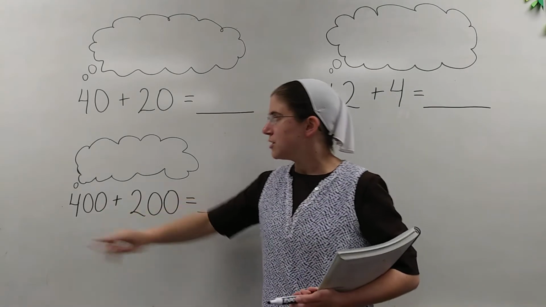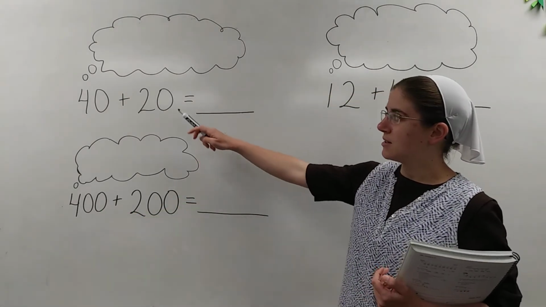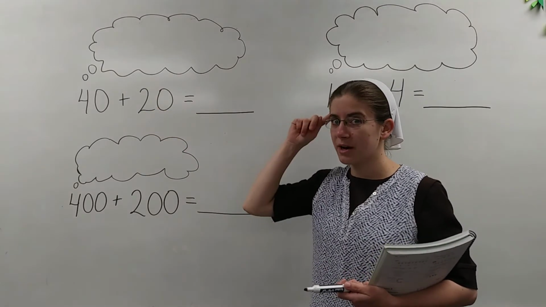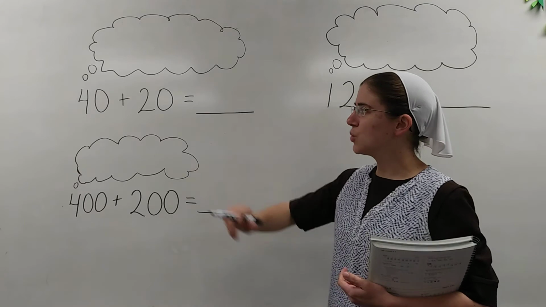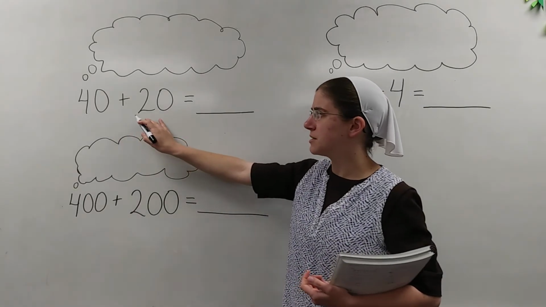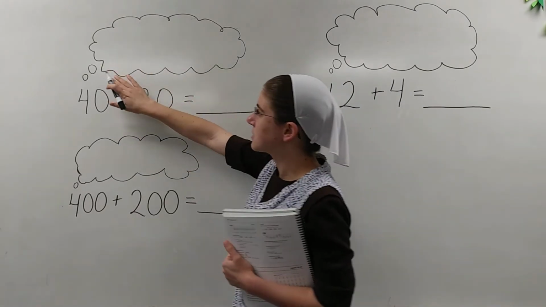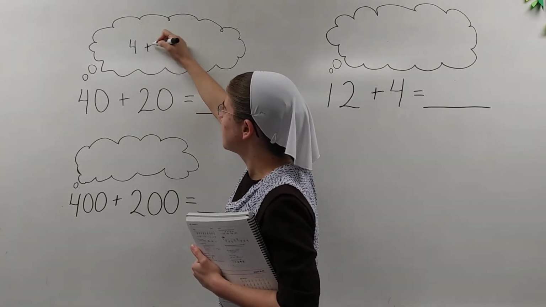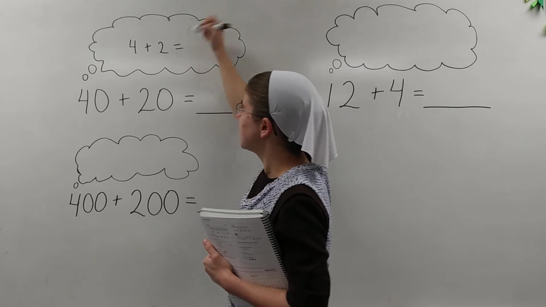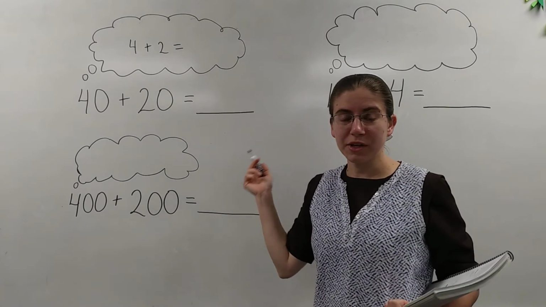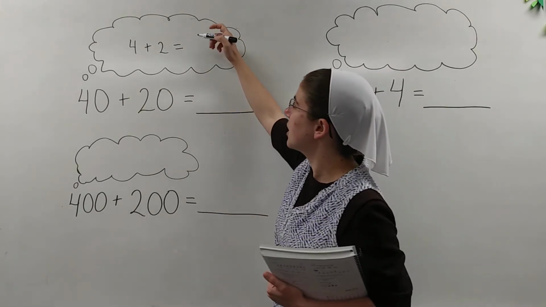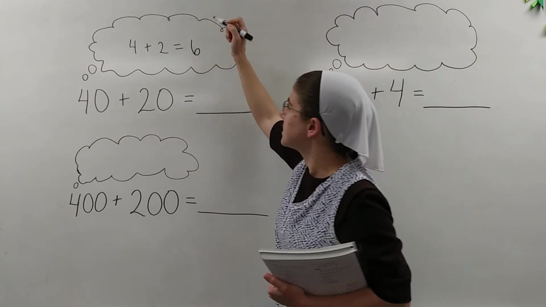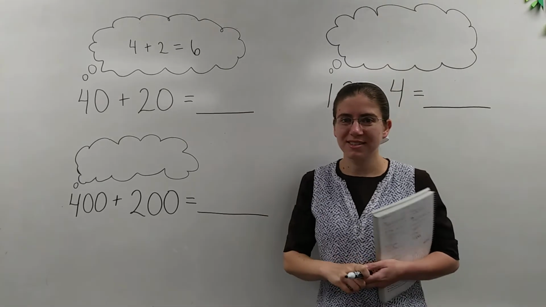So we learned that if we have 40 plus 20, we can think in our minds, what is 4 plus 2? We're thinking this little cloud, that means we're thinking 4 plus 2 equals what? That's a simple little math fact that y'all have known for a long time. 4 plus 2 is 6.